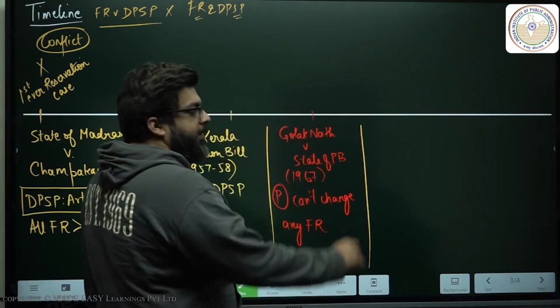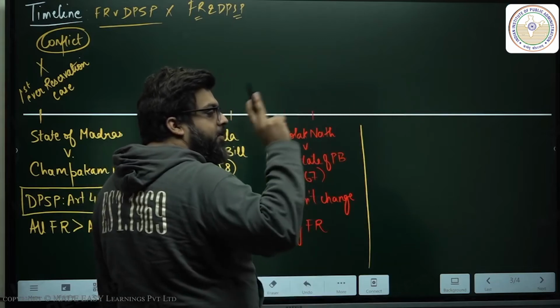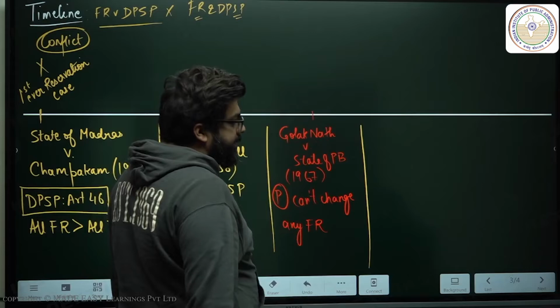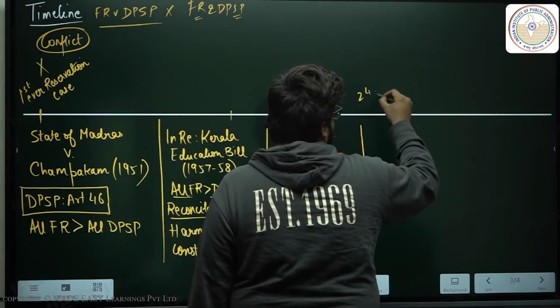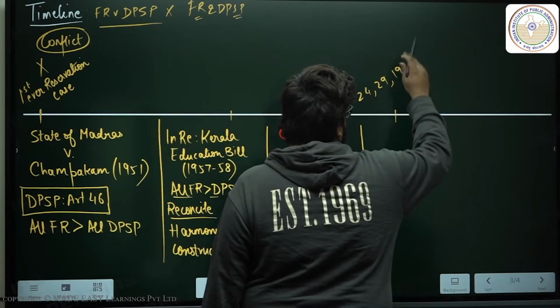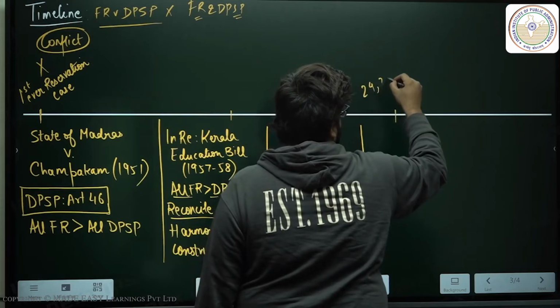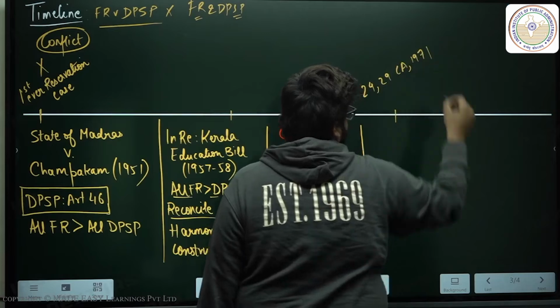They said, fine, we might be losing the war on fundamental rights, but we will not lose the war on fundamental rights versus directive principles. So you may remember there was the 24th Amendment and the 29th Amendment of 1971. We had discussed this.